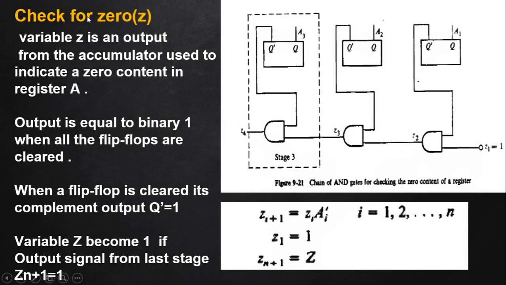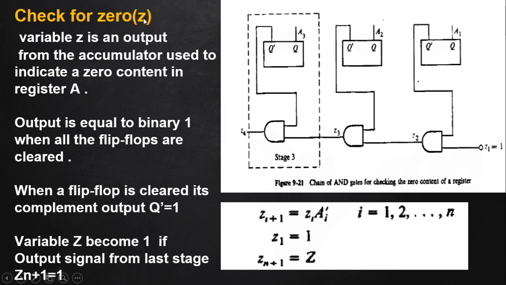Next is about check for 0. Okay, variable Z is an output from the accumulator used to indicate a 0 content in register A. Check for 0 means if all the bit positions of the accumulator register are holding value 0, then we can set a variable Z as 1. Z is a status register bit.